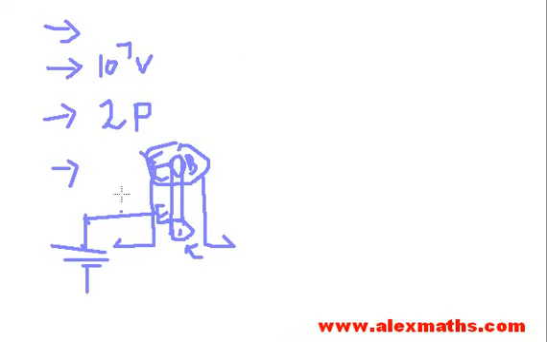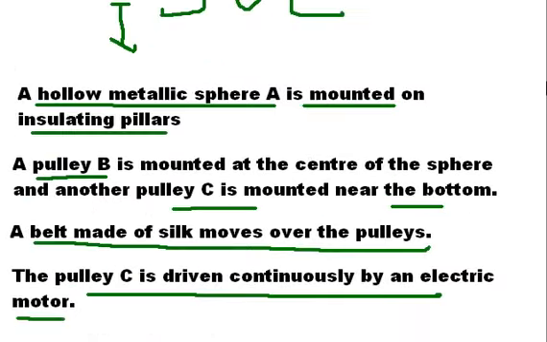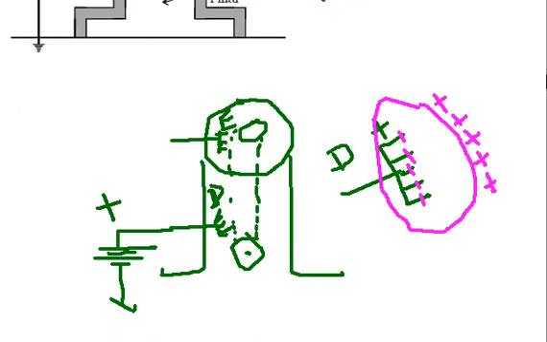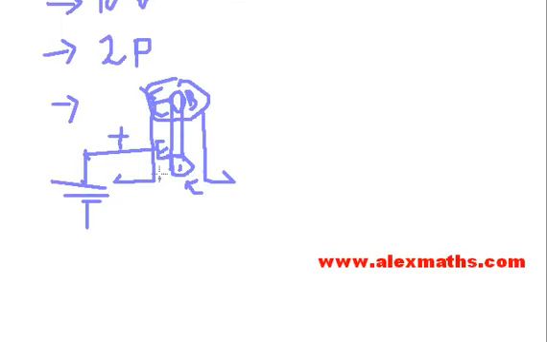Okay, how it works. So this has the positive charge. When the positive charges are given here, you can name the combs in any manner. Here it is named D at the bottom and next it is E, so I am using those. Even if you name them the other way, it doesn't matter.